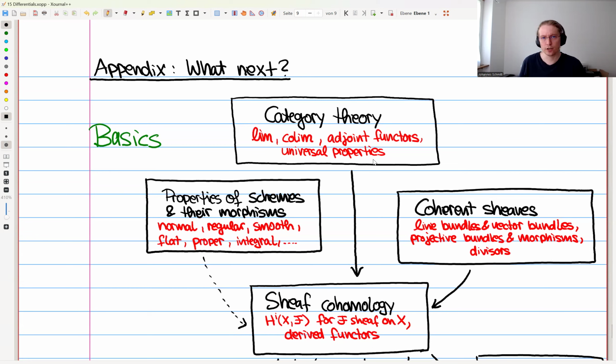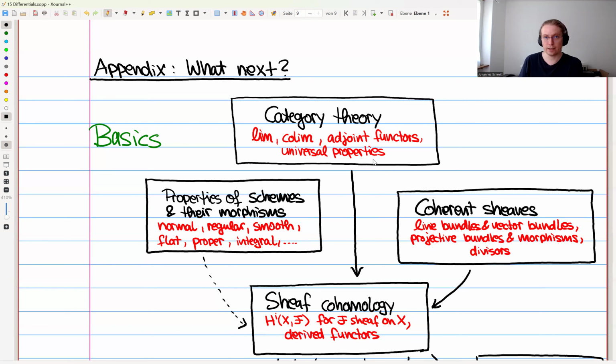I mean, we have seen in a lot of cases it was very useful to define objects in terms of universal properties, and we basically just did this by hand in each case, and just wrote down this property, but this can be put in a much more general framework. And so if you want to really study modern treatments of algebraic geometry, then having this category theory background is really very, very important.